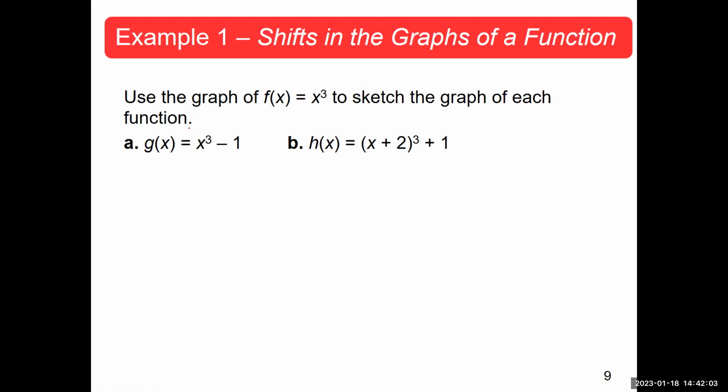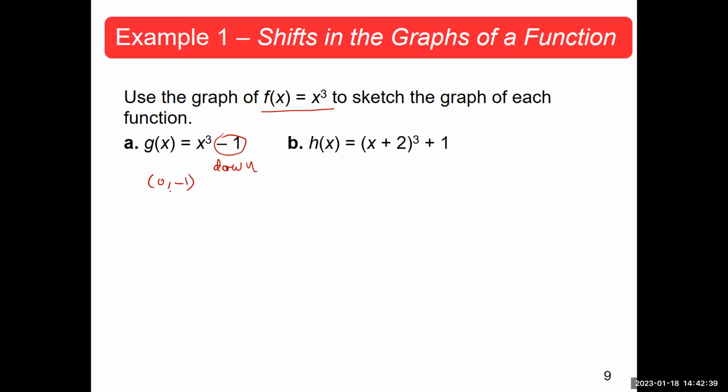Now here they said if the basic function is f(x) equal x cubed, graph and sketch these functions. We first need to figure out where the vertex is. Now we said x cubed minus 1. So what does this mean here? This is down. Did we move along x? No. So the vertex is 0, -1.